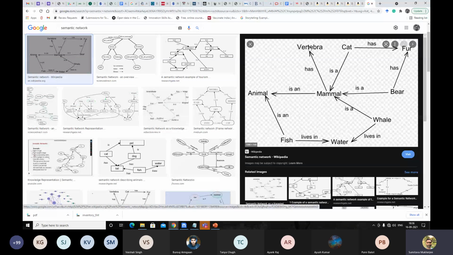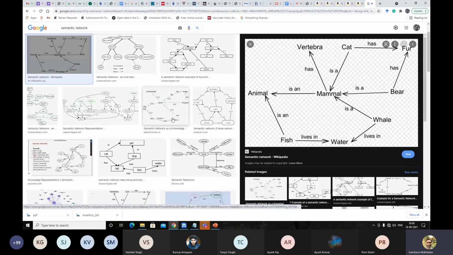Cat is another concept which is connected to mammal: cat is a mammal. Likewise, you can think of your whole brain being connected in multiple complex ways like this. So if I had to remember the word vertebra, maybe I was ending up thinking about animal, and I was not able to recollect the word vertebra because I was not able to go to vertebra.